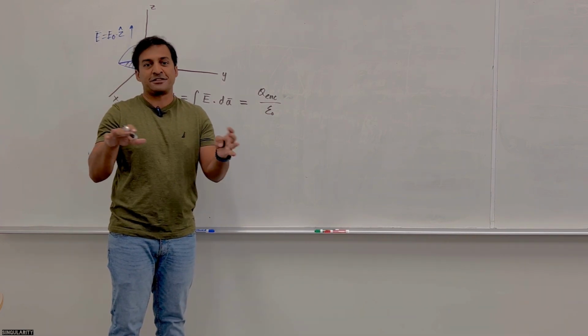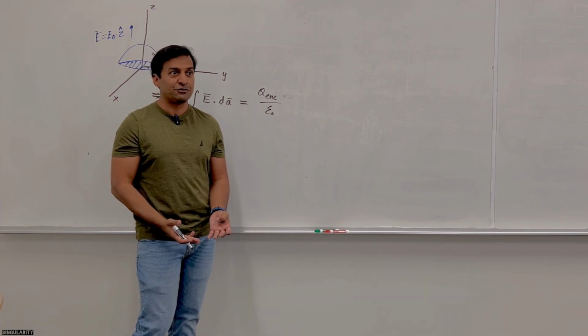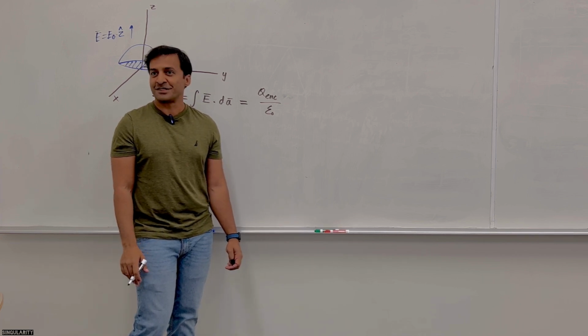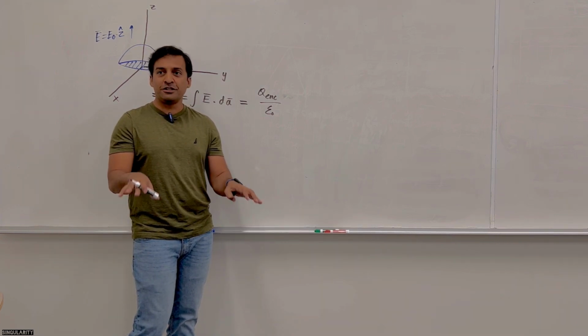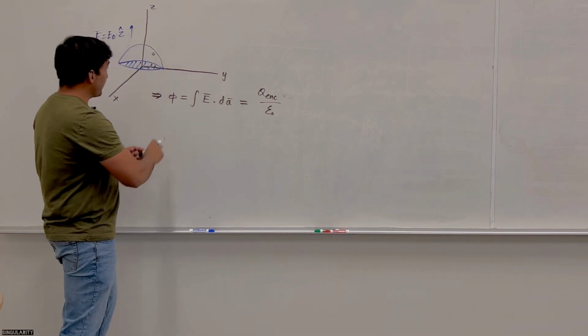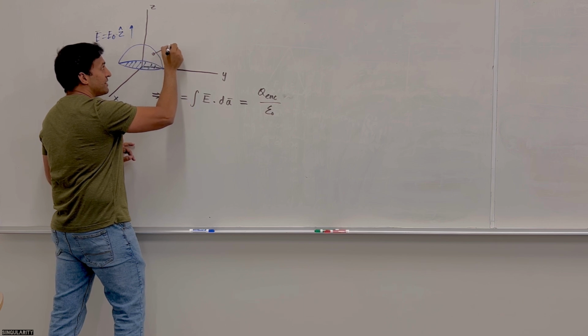For example, you know that the earth as a whole is spherical, right? But the floor of our room is not spherical, because locally, on smaller scales, these surfaces are plane. So for this area element, the direction of area would be something like this, let's say.